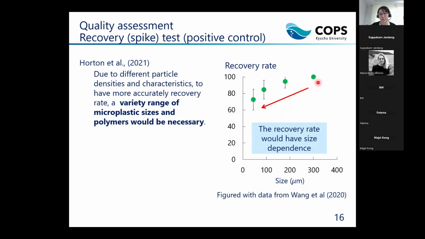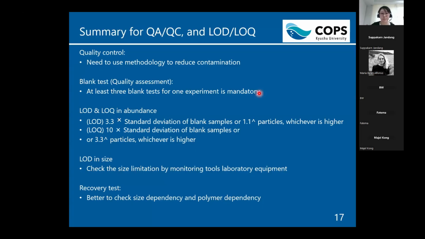So in the case of a large particle, the recovery rate is quite high, but in the case of a small particle, the recovery rate gets lower. So if the situation allows you to do it, I recommend checking the dependence of the recovery rate on the particle size. And this is a summary of the QA, QC, and limit of detection and limit of quantification.